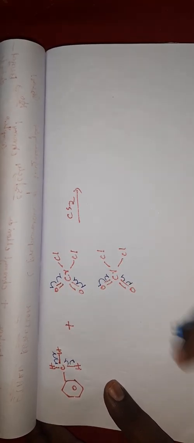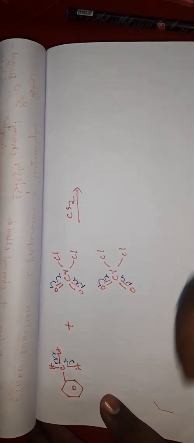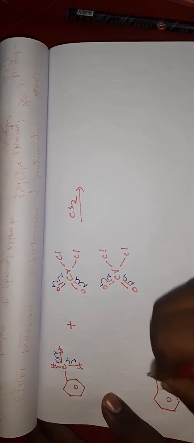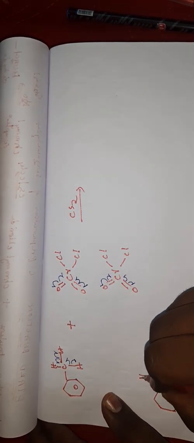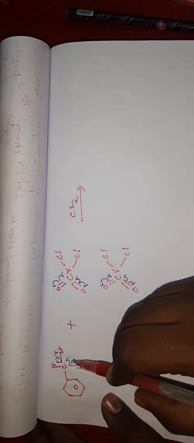Simply I am writing here toluene, carbon, this hydrogen I am writing here, and the carbon gets two unpaired electrons.